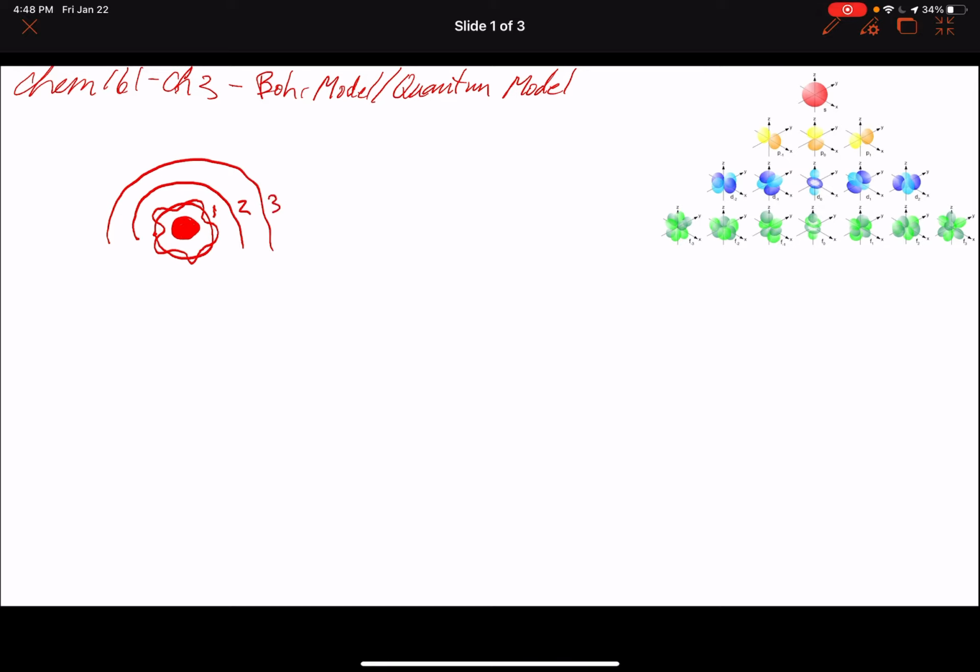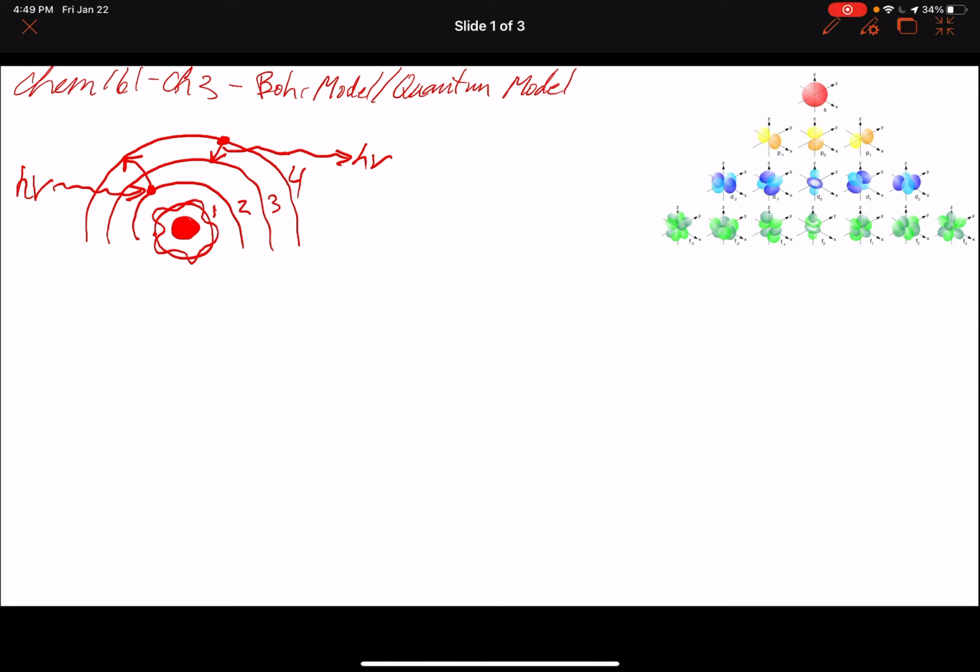And we saw through the Rydberg calculation and equation that we could determine the relative energies of these levels, and that electrons would be allowed to transition from higher energy levels down to lower energy levels and would emit a photon if they did so. We could also have the idea of an incoming photon striking an electron, allowing it to be promoted up to a higher energy level.